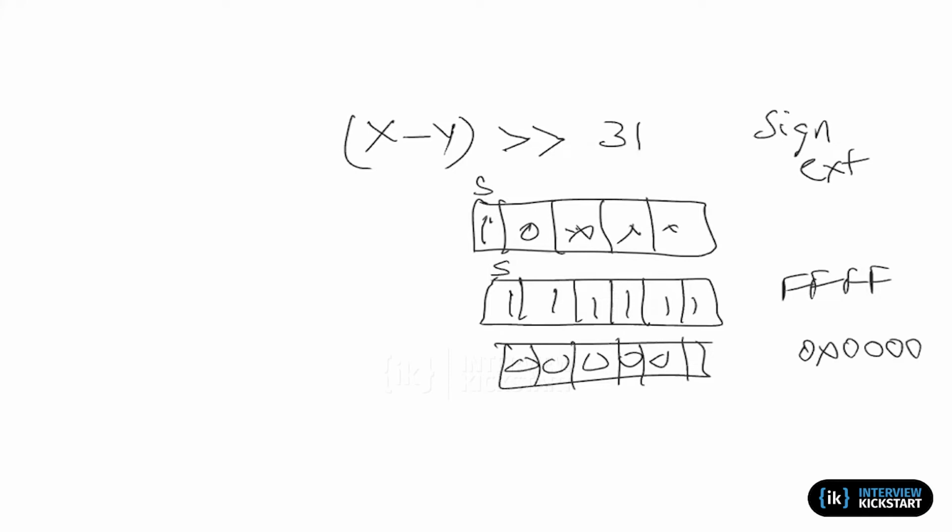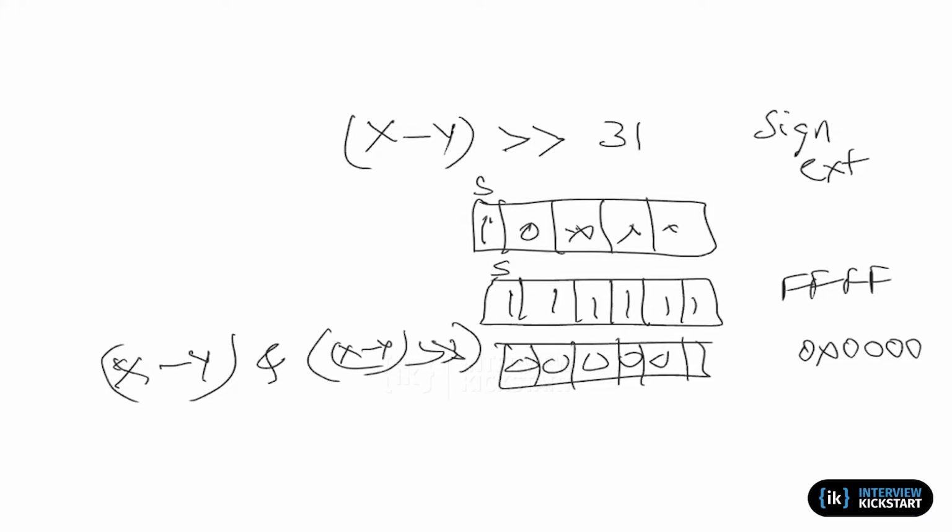Now, the next step is, how do I check whether it is FFFF or 0000? You do an AND with the shifted X minus Y, shifted by 31. If you get a mask of FFFF, then the AND operator will return the same X minus Y. Otherwise, it will return 0.